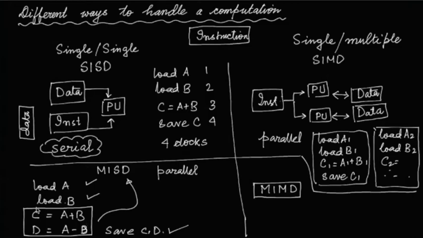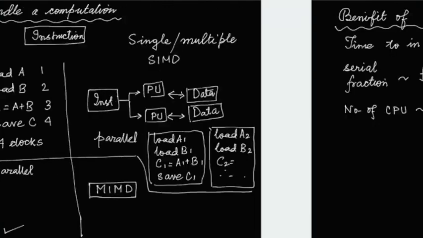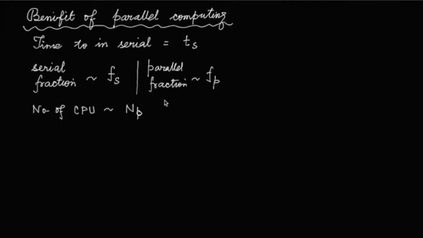Only two of them can be parallelized, which means one third of the program can be parallelized. Each of these is one floating point operation if you think of it. So one third of those floating point operations can be parallelized, two thirds cannot. So the serial fraction is two thirds and the parallel fraction is one third.